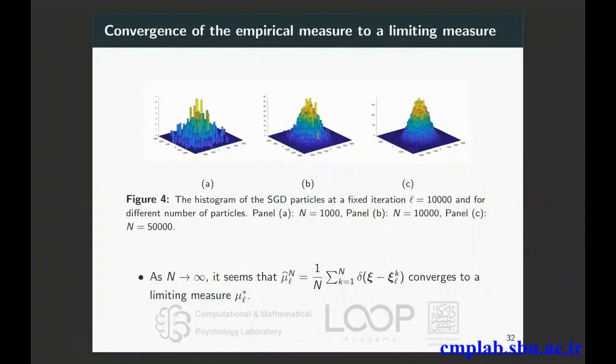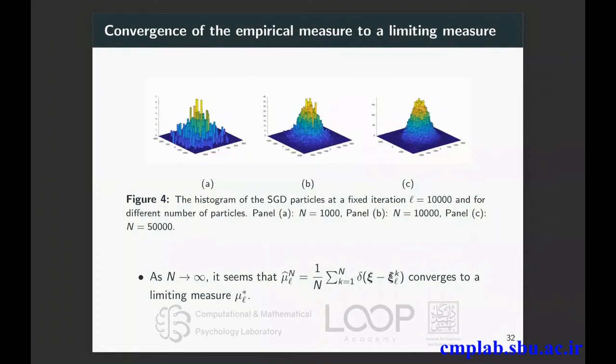Now, another interesting thing that I talked about previously is that if I plot the histograms at a fixed iteration of SGD, so let's assume that I only run the SGD for a couple of iterations and I fix that, and I increase the number of samples or particles, you can see that you converge to some sort of distribution, and the goal is to characterize this distribution.